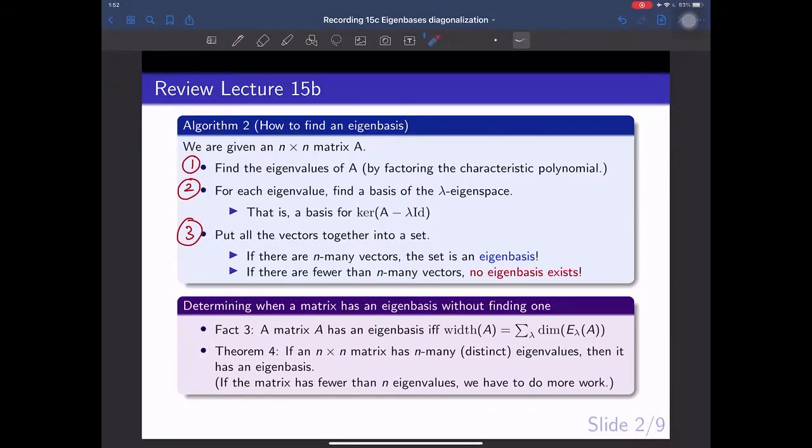Another thing that works, but only if the matrix has n distinct eigenvalues, is that we know that a matrix with n many distinct eigenvalues must have an eigenbasis. If the matrix has fewer than n distinct eigenvalues, then we have to do more work. We have to either use this or we can just go back to the algorithm and try to find an eigenbasis.